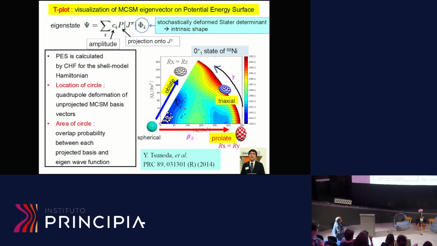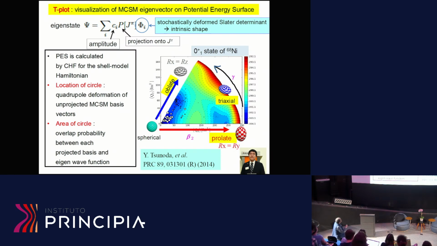This axis is the deformation parameter beta 2, and this angle is the triaxiality parameter gamma. Then your eigenstate is expanded in this way, and this is our basis vector.